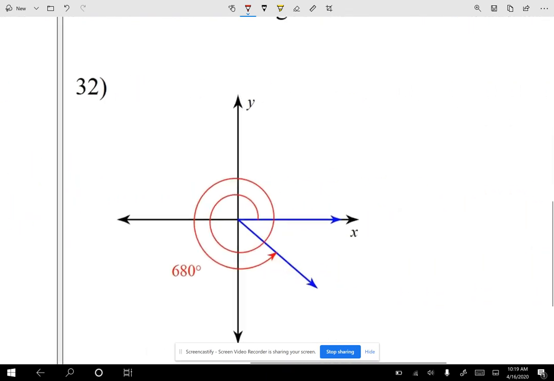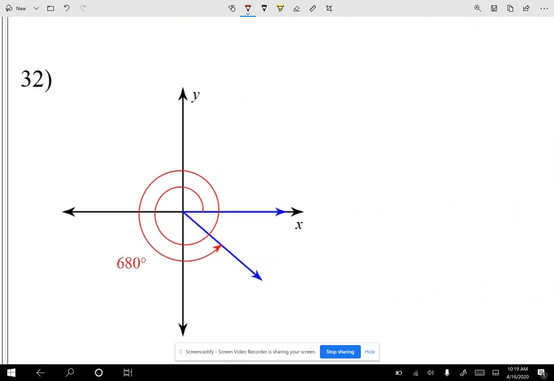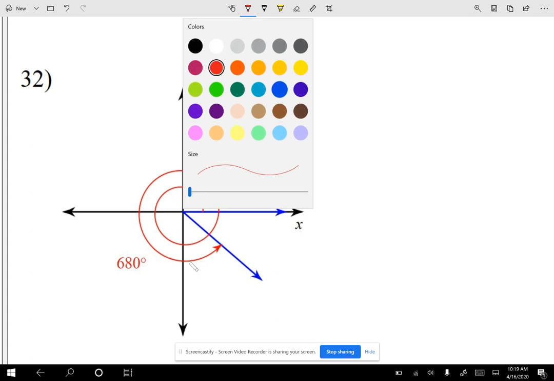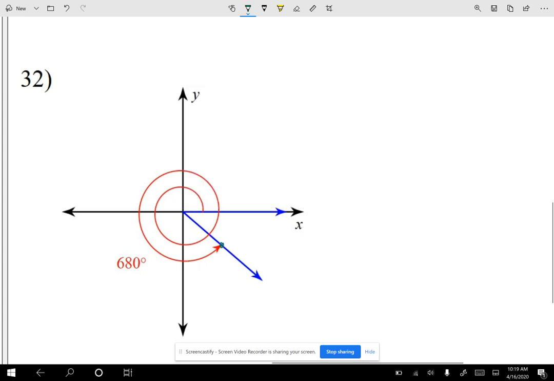Let's take a look at question number 32. The angle that I'm looking for, right where the arrow ends, I'm looking for the closest distance to the x-axis. All right, so let's figure this out. If I start here, that's 90 right there.